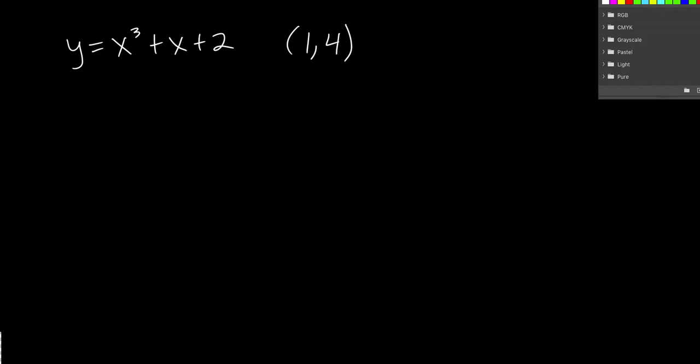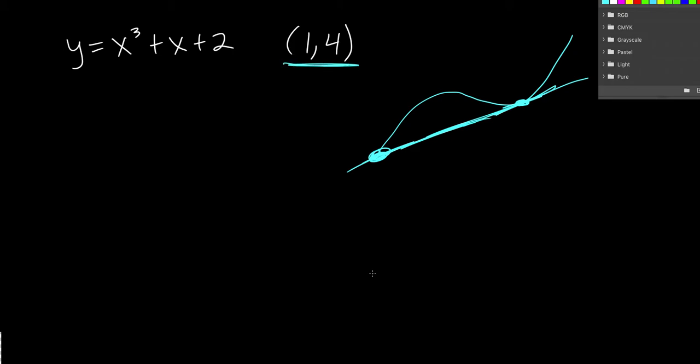Okay, so we're going to have a third degree function, and there's going to be a tangent here or whatever, and then it's going to cross again. So they give us the point of tangency, and then we want to find this other point. So first thing, find the derivative.